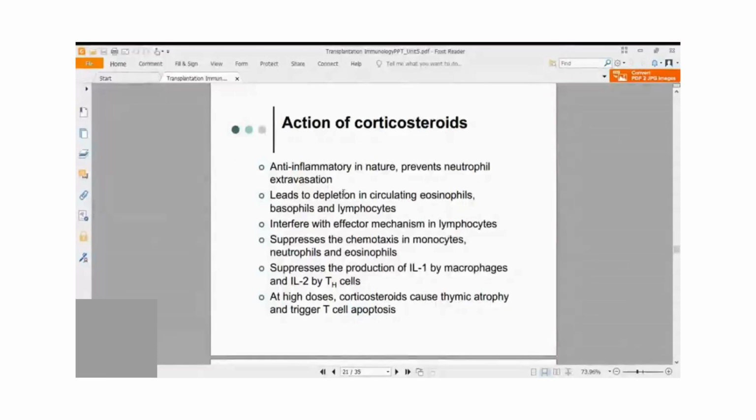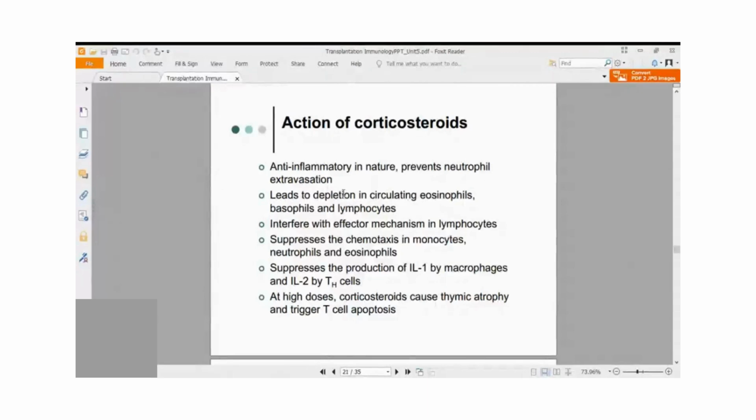And corticosteroids are responsible for prevention of release of pharmacological mediators. It will prevent the granulation process by the mast cells, thereby release of pharmacological mediators is prevented. By preventing all these processes, one can control the inflammation to a large extent.